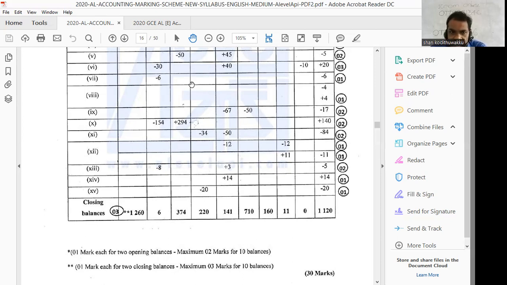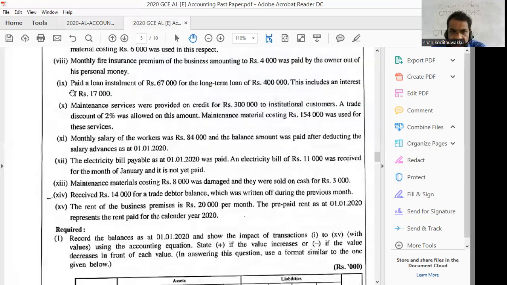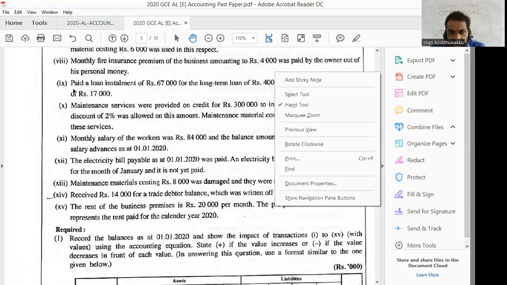Right. Then we'll come to adjustment number 9. Paid a loan installment of 67,000 for the long-term loan of 400,000. This includes an interest of 17,000. Earlier we got a loan, then we have paid an installment of 67,000 for the long-term loan.